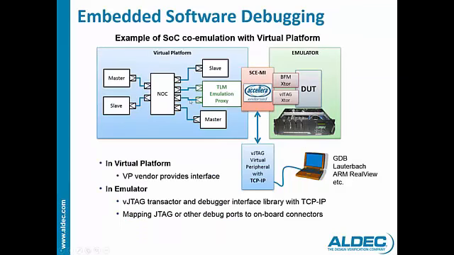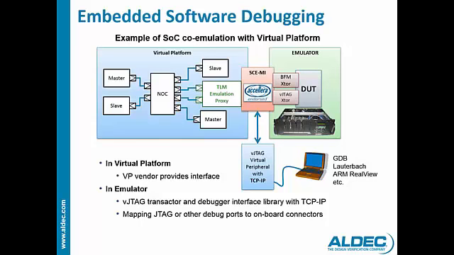Another available interface is embedded software debugging, and software interface is very often used when the emulator is used with a virtual platform. The virtual platform is used to model the SoC and is usually used for standard components such as the ARM processor or standard peripherals.